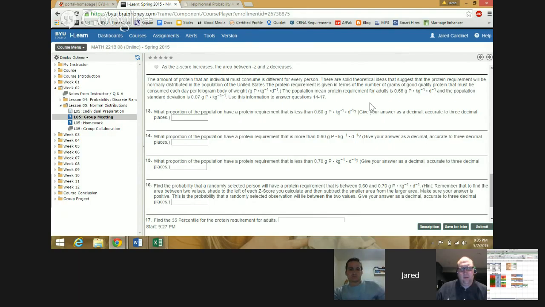What proportion of the population has a protein requirement that is less than 0.6? So we're typing in the x value to get the z-score. 0.6.